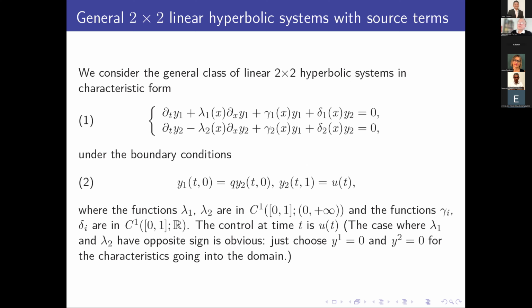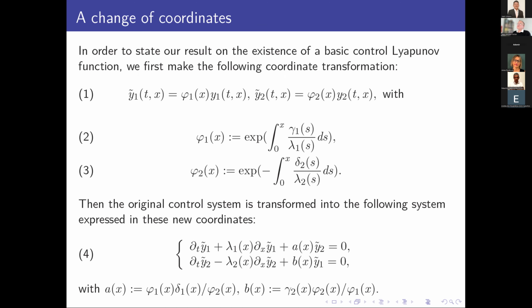And you assume that on the left-hand side, you have no control, this is the part of G which is fixed. y1(t,0) is q y2(t,0), this is fixed by the physics. And on the right-hand side, you have to choose what is y2(t,1), and this is u of t. You choose u of t, which depends on maybe some value.